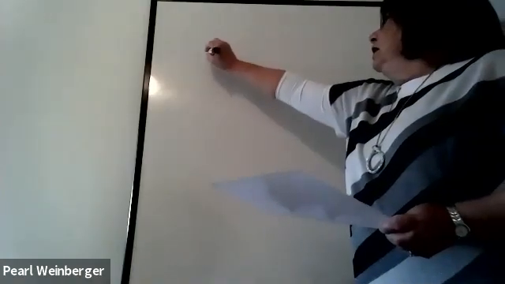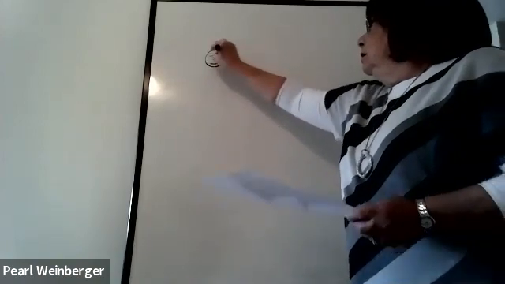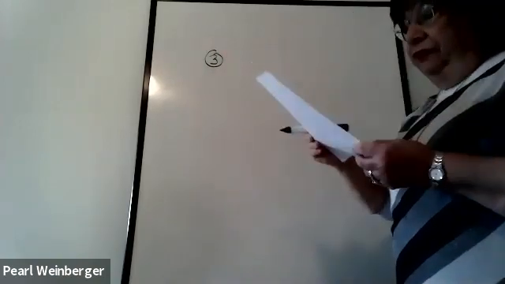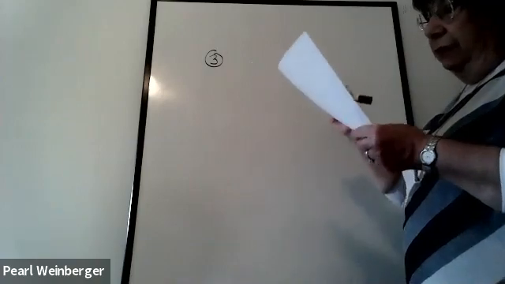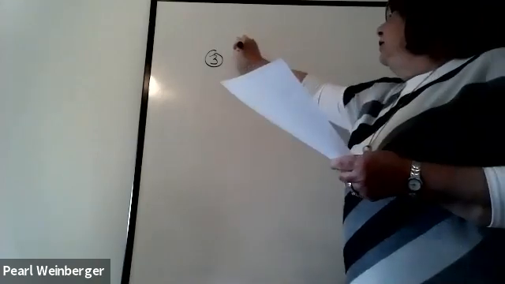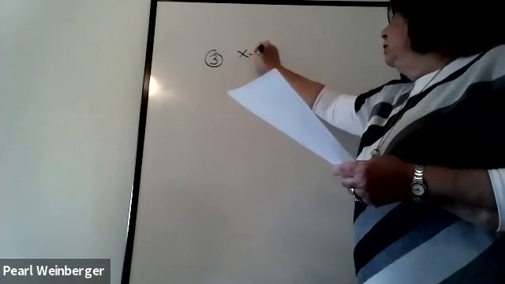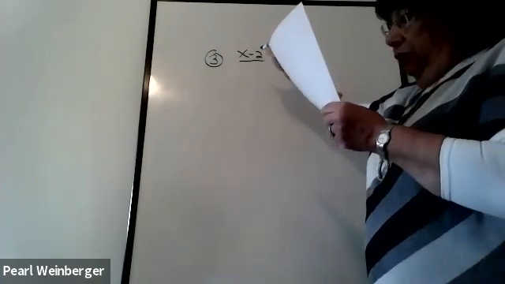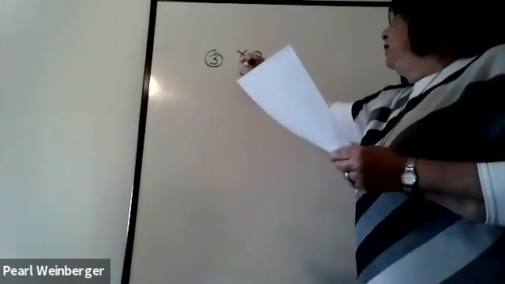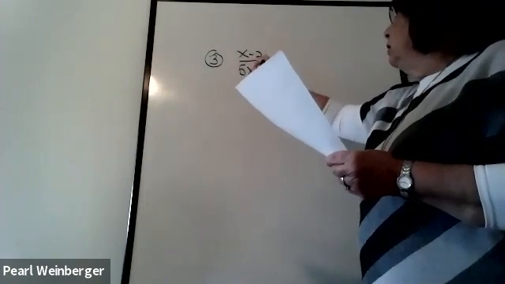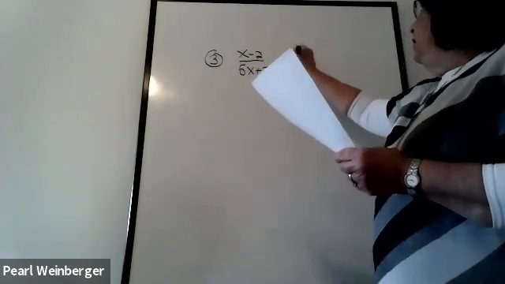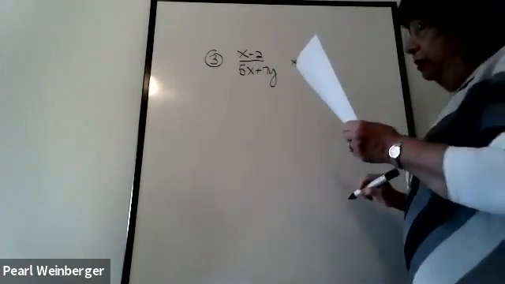Number 3 looks like this. It says, perform the indicated operation and simplify. We have x minus 2 over 5x plus 7y, and then it has a times sign.